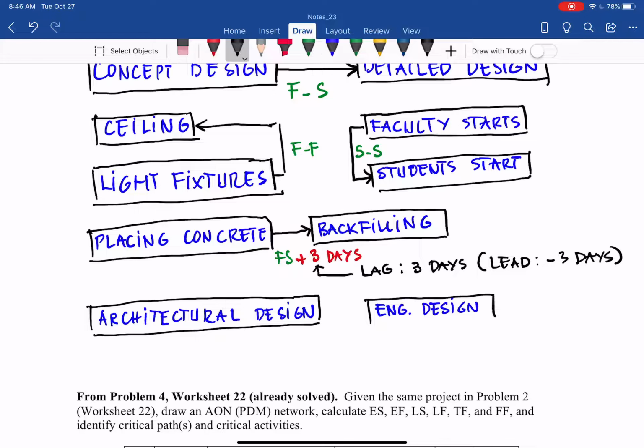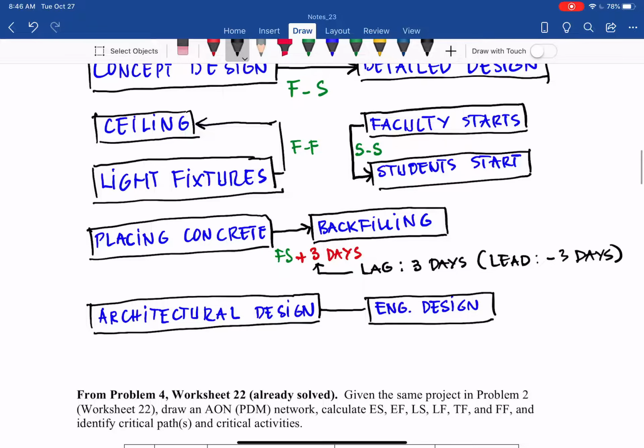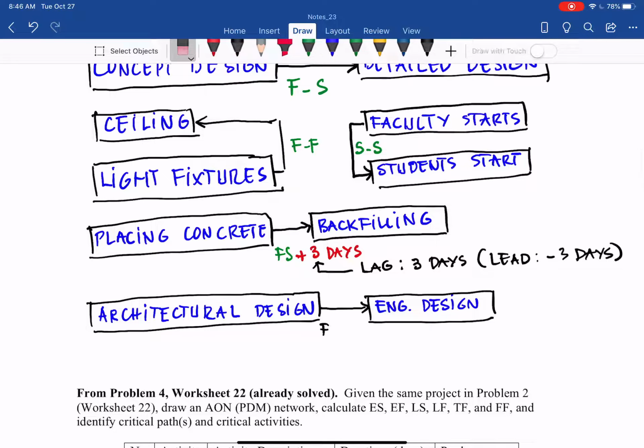You need to have architectural design complete before you do the engineering design. Then the relationship here, as you can see, is a finish-start relationship. Architectural design has to be finished before the engineering design can start.